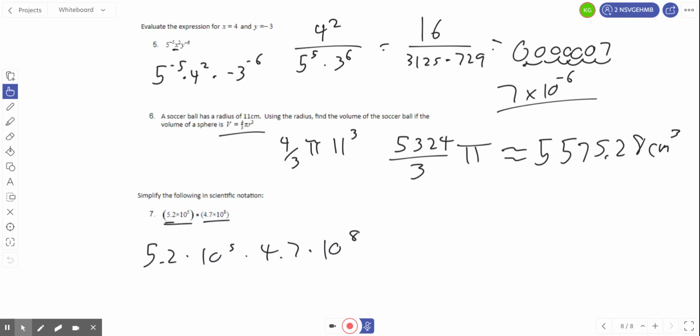Now, because this is all multiplication, we can rearrange it. We can put it in any order and it'll always be the same, the commutative property of multiplication. So I'll rearrange it like this.